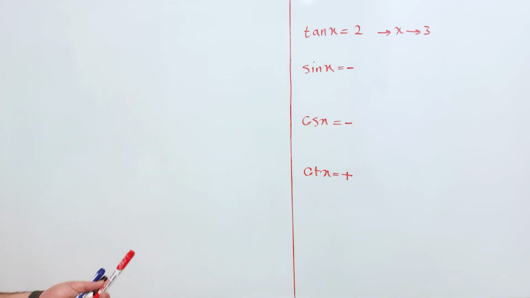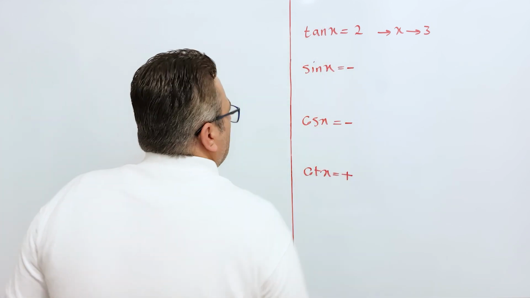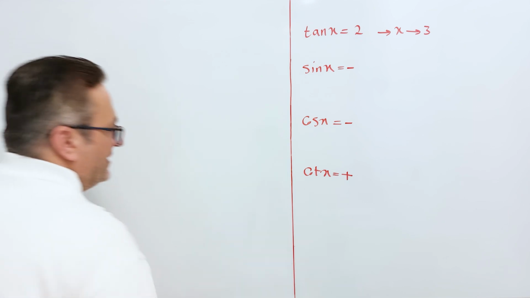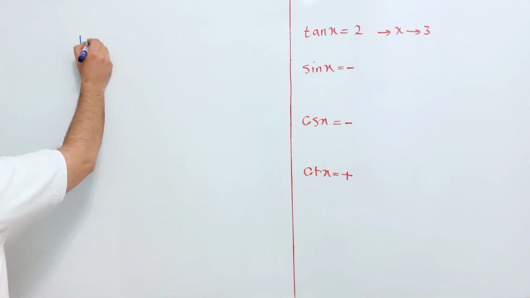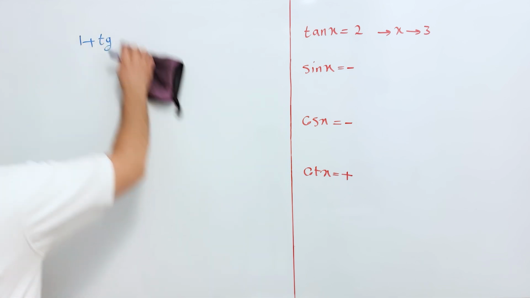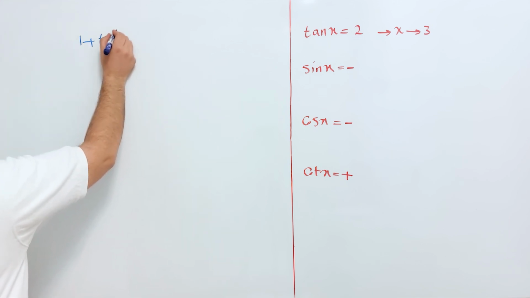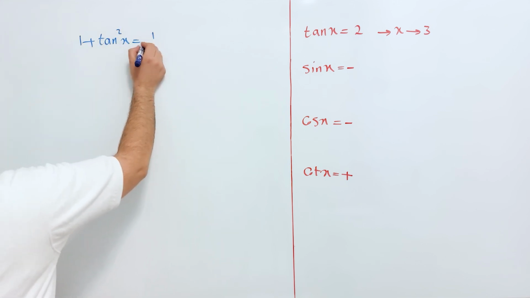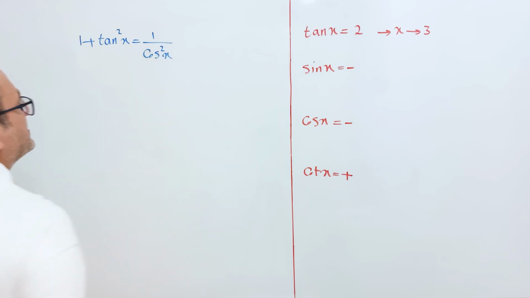Okay, so first I'll solve this problem using the formula based method. We know that 1 plus tangent squared x is equal to 1 divided by cosine squared x.